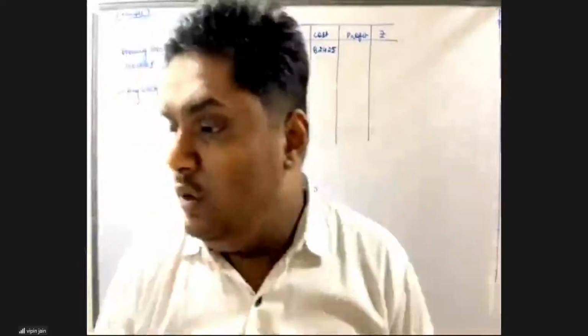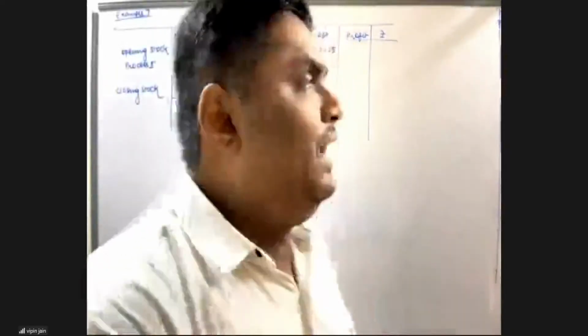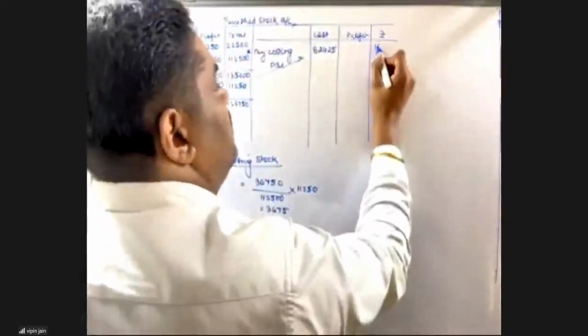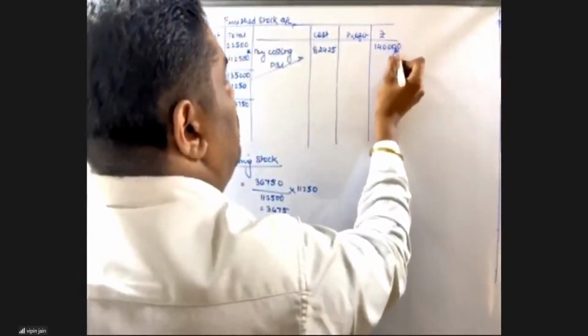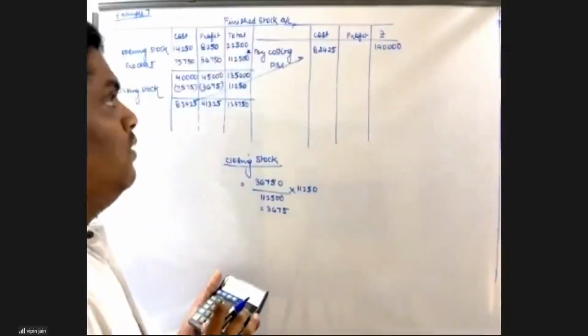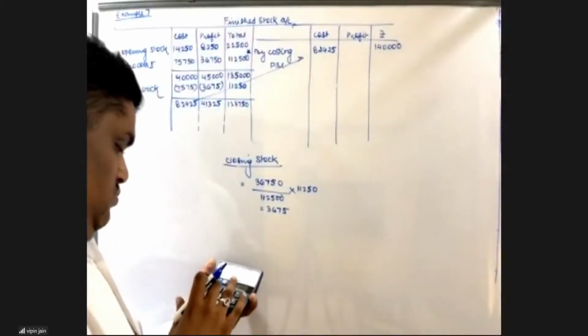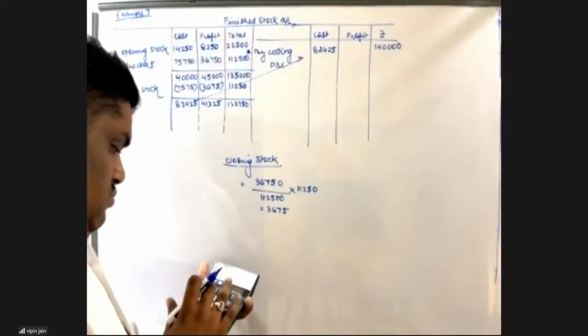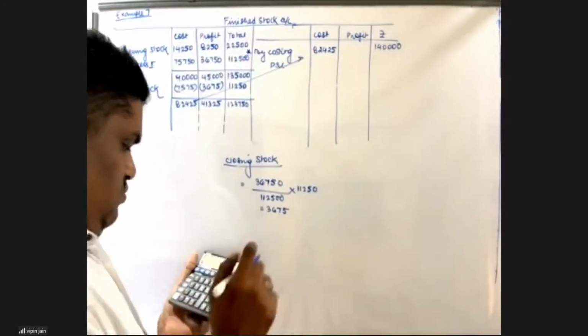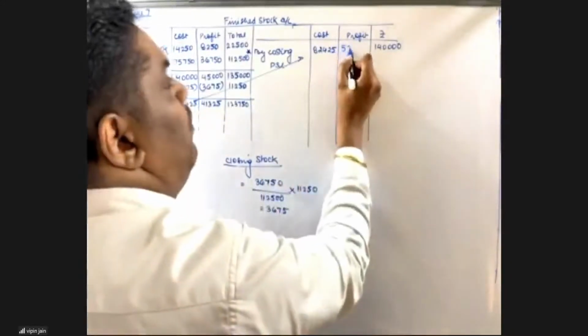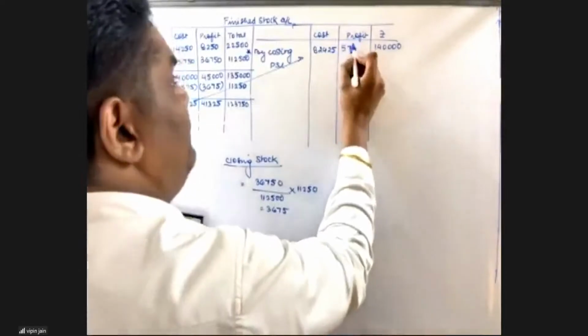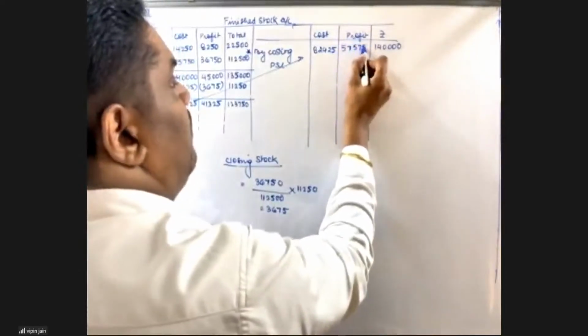My sales value is 1,40,000. So my overall profit is 57,575.